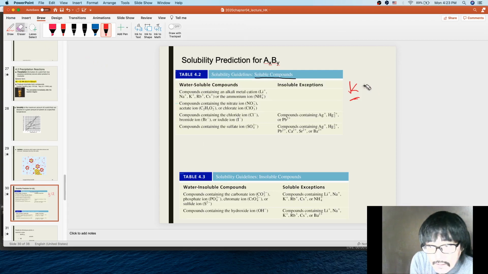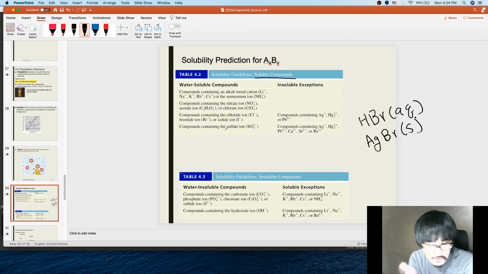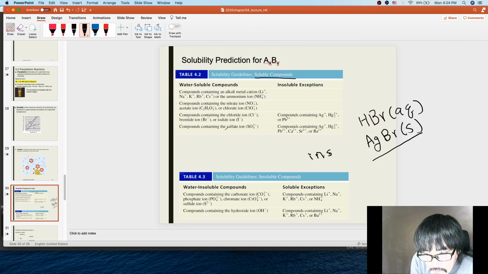Now, some of these have exceptions. For example, HBr is water soluble, but AgBr is a solid. Anytime you have a water-soluble compound, you have to put the AQ on it. So how did I know that AgBr is insoluble?